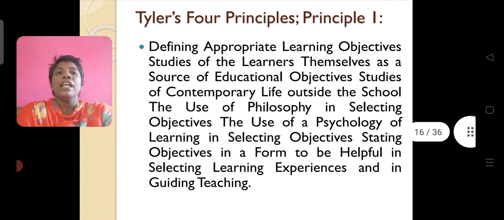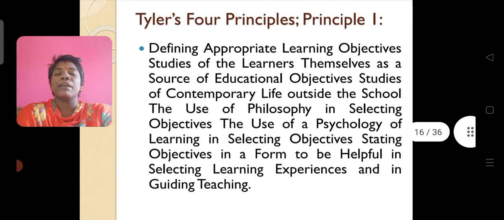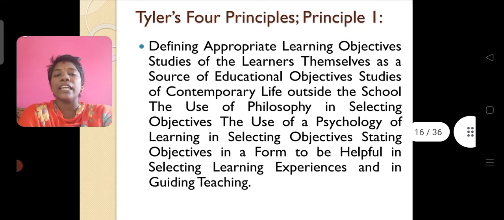So the first one, defining the appropriate learning objectives. Principle number 1, there are 4 principles in Taylor's model.